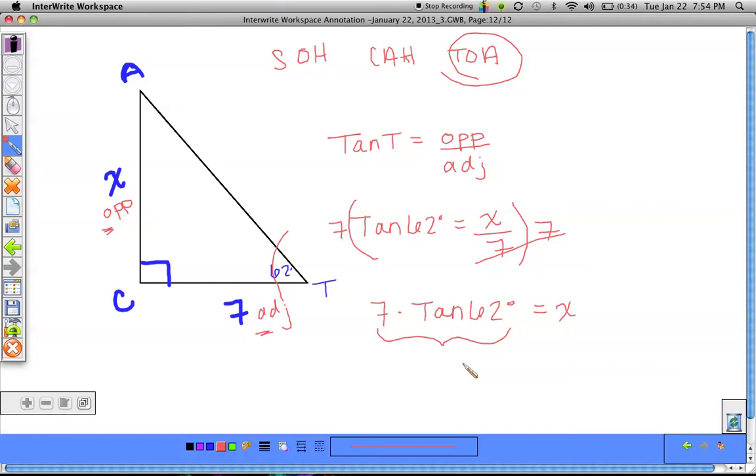So we do the tangent of 62 times 7. Oops. So it should be about 13.165 is equal to x. So that's telling you that this side length is 13.165. So I'll do another video that has more examples, but hopefully that helps for now.